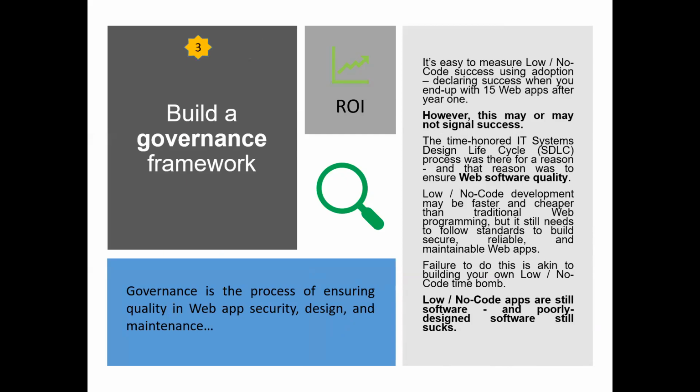This is probably one of the more important pieces, though, and we call it building a governance framework. What does governance mean? Governance means all of those actions you take to make sure that applications are secure, they are correctly architected, designed correctly, and maintained. A governance framework in an organization simply says, we're going to be managing how applications are built.